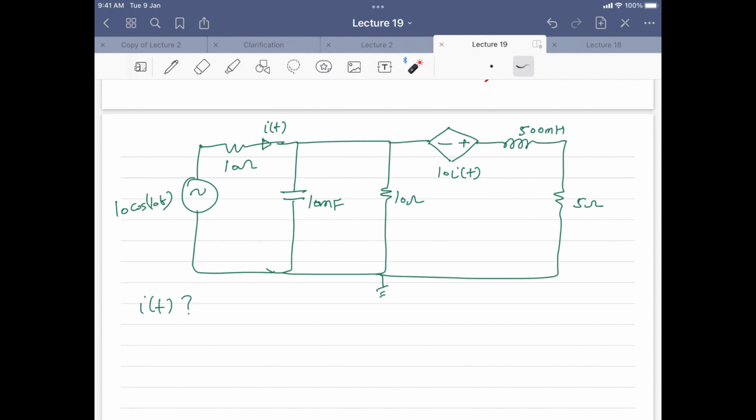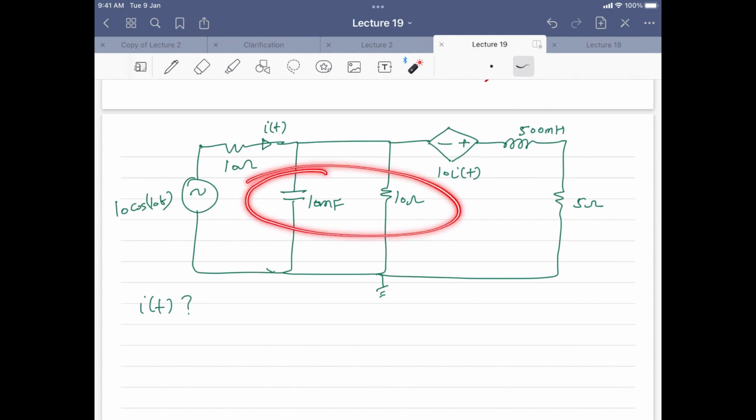Sir, here we can directly write an impedance, like 10 millifarad and 10 ohm in parallel, by converting it to phasor form and then implementing the math. Yeah, yeah. You can do any trick, whatever you want.